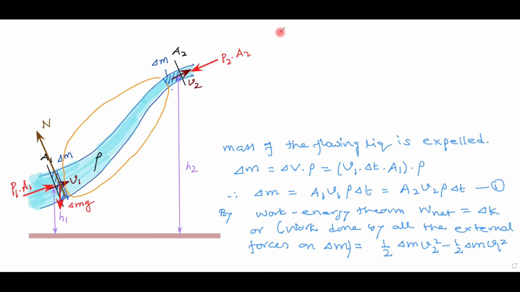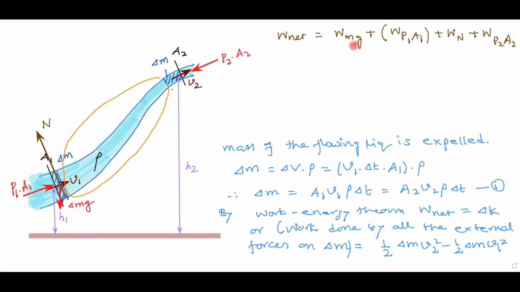Hence, now W net is equal to the work done by mg plus the work done by P1 into A1 plus the work done by the normal force plus the work done by P2 into A2.